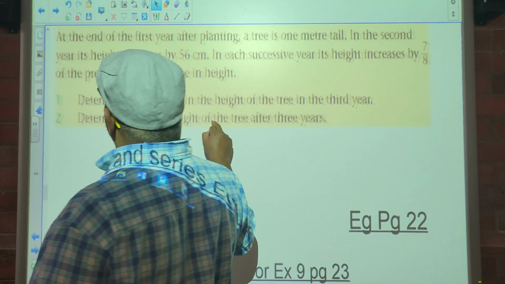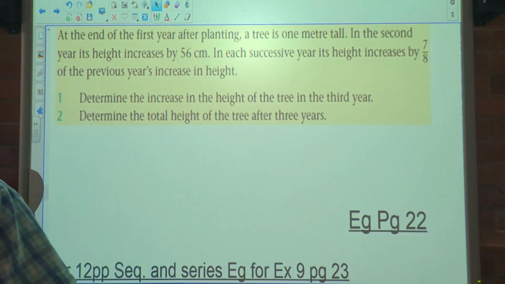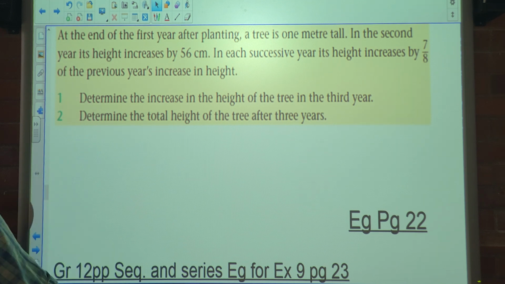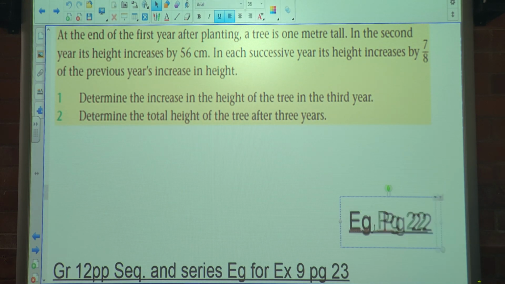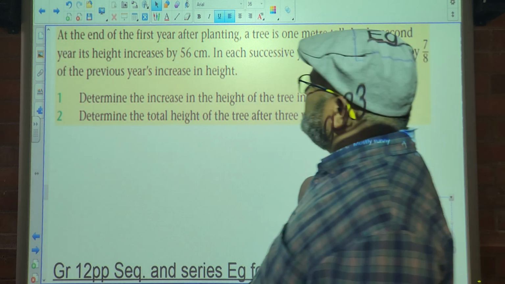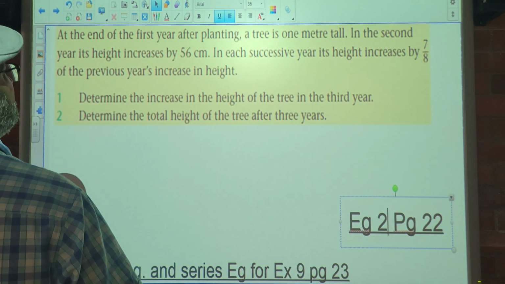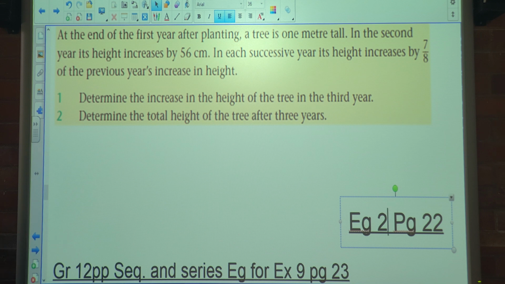Example 2 is on page 22. Here we are told that at the end of the first year after planting a tree, the tree is 1 meter tall.